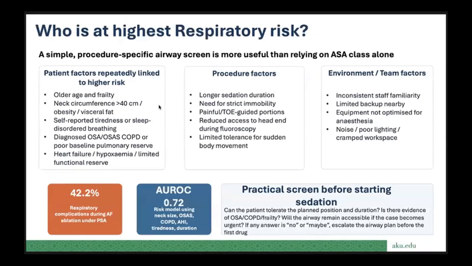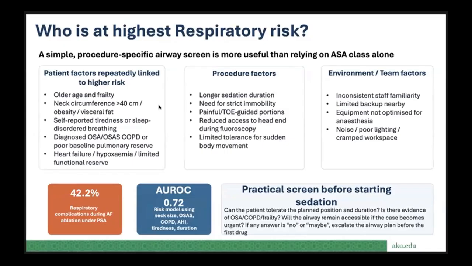Now, this slide summarizes who is most vulnerable to respiratory risk. Recurrent themes across the papers I came across include old age, frailty, obesity, increased neck circumference of greater than 40 centimeters, sleep-disordered breathing, tiredness suggestive of OSA, COPD, and reduced baseline oxygen reserves.